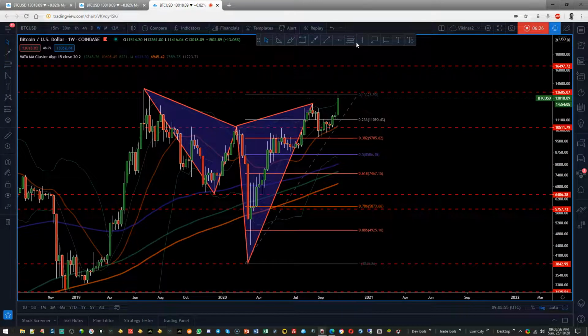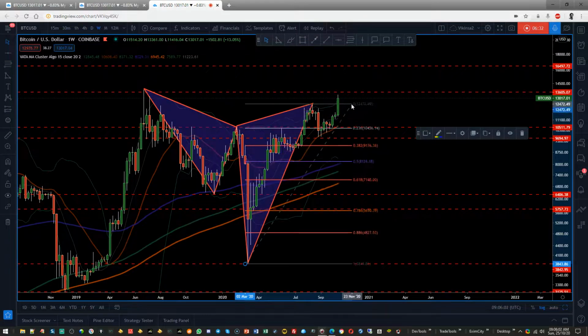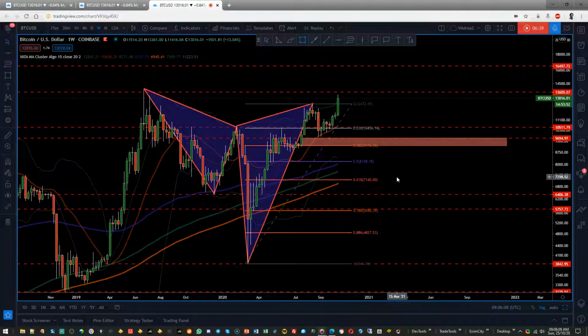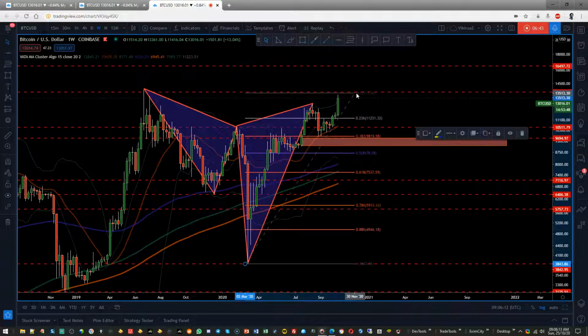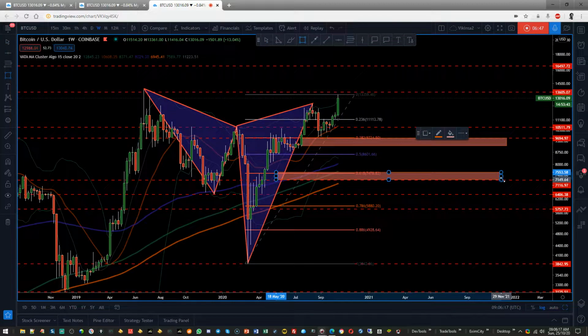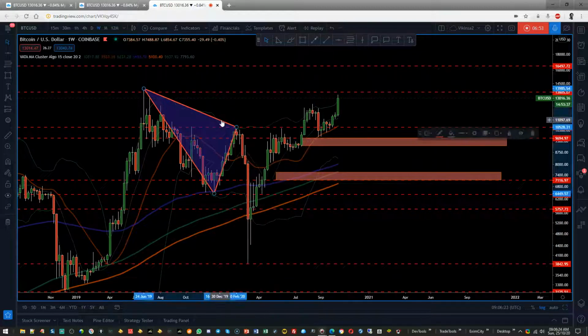So what we need to do is put this line in there, approximately at this level. So this is our level, and another level is around here. So this is our zone again, and that is what we have.